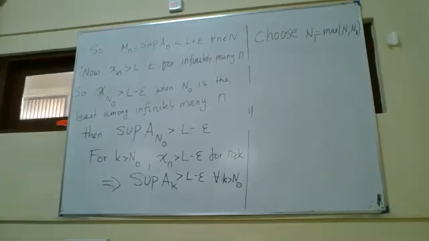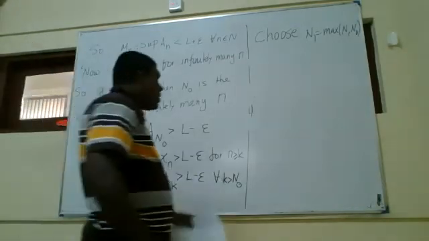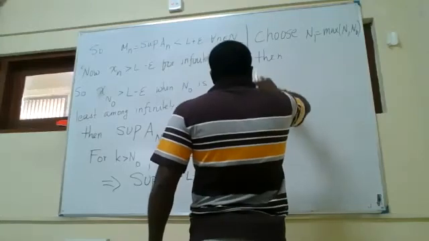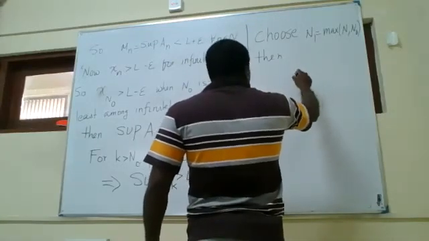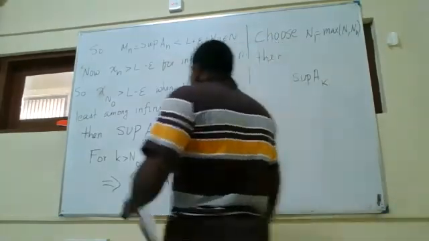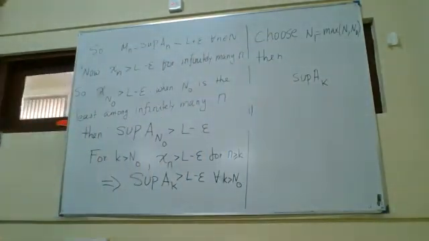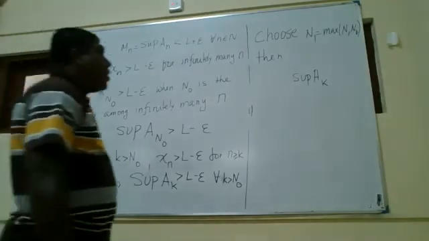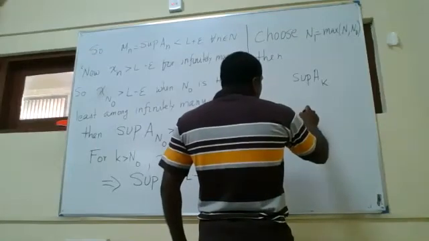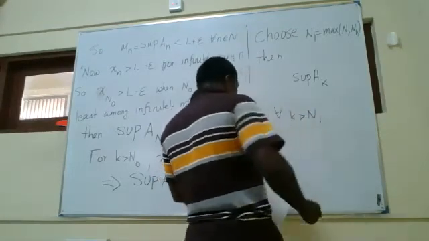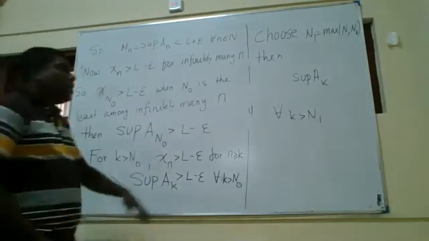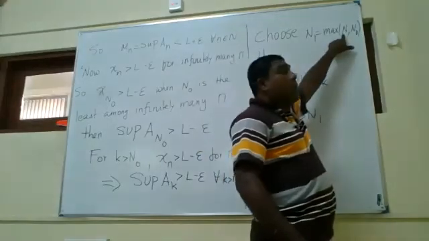So in this case, if you take the supremum of a_k for all k greater than N1, if k is greater than N1, then it will be greater than N, right?